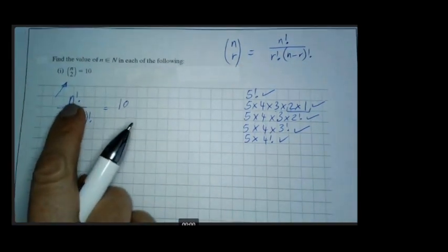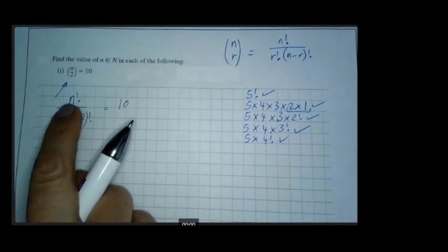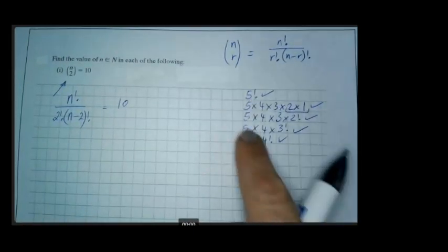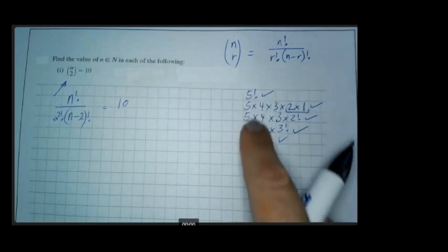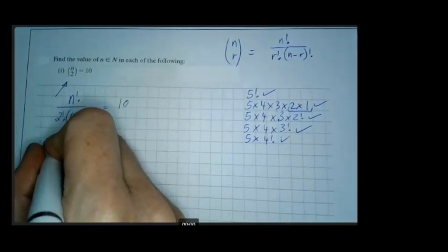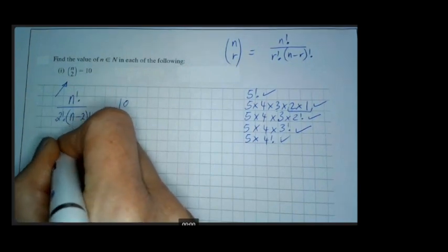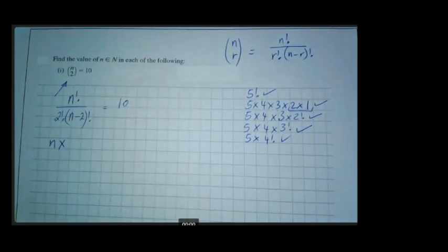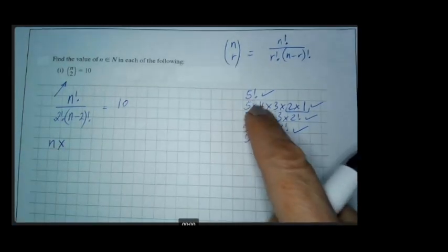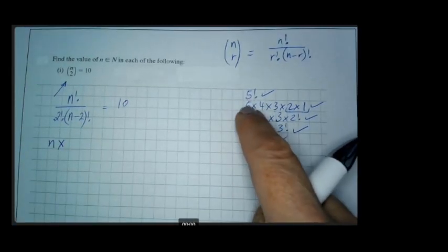So I want you to expand out this n factorial a little bit. Given this kind of approach and this understanding, if I have n factorial, that's the same as n times, and then of course you'd multiply by 1 less than n, wouldn't you? Like we did here, 5 factorial, then we multiply by 4, which is 1 less than 5.